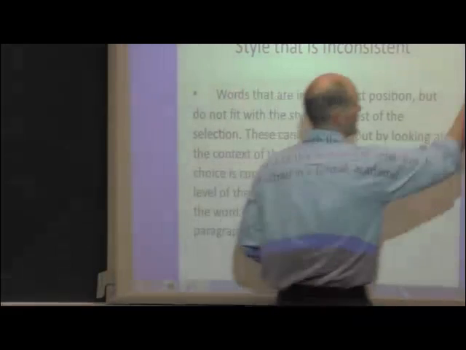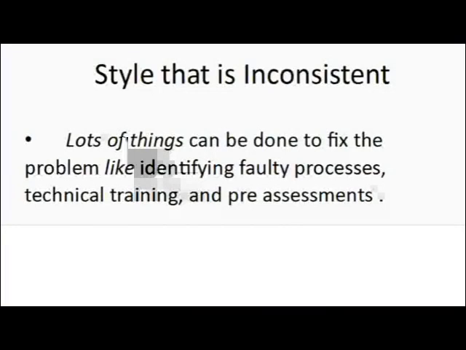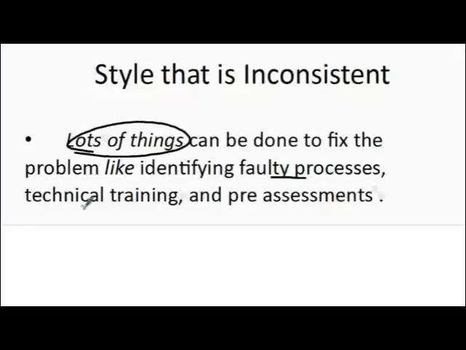Let's look at an example of word choice that's inconsistent. Here's a sentence. Lots of things can be done to fix the problem, like identifying faulty processes, technical training, and pre-assessments. The phrase "lots of things" is more of a slang, general, very conversational term, but you're talking about faulty processes, technical training, pre-assessments.